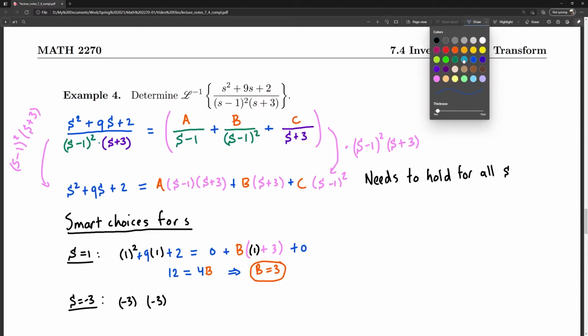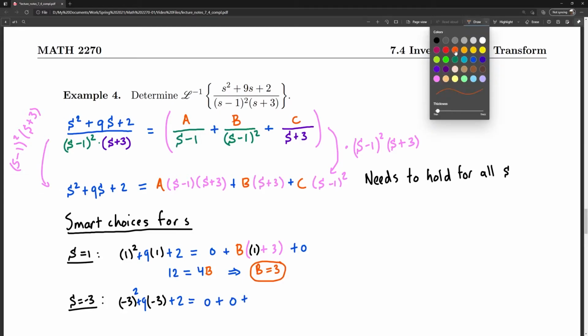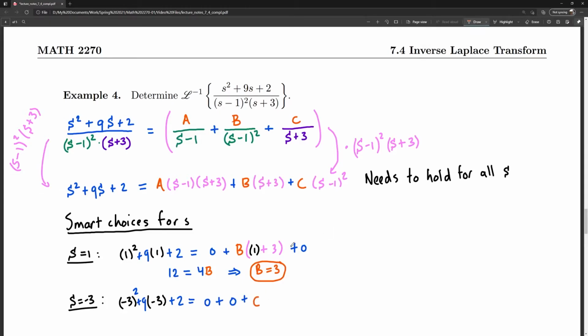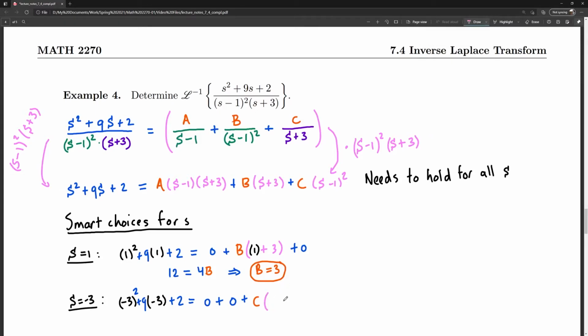It's what I get when I plug it in on the left-hand side. And then that is equal to, plugging in negative 3 makes that first term 0, makes that second term 0, and then the last term is C times (negative 3 minus 1) squared.